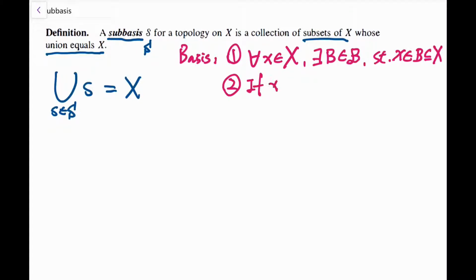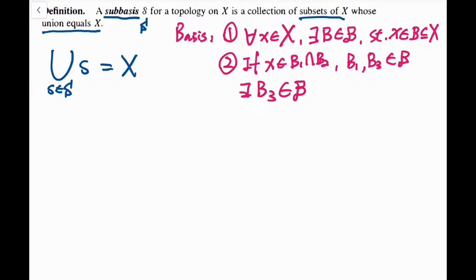So this is the first property, and the second property is that if x is inside an intersection of any two basis elements, B1 and B2, which should be from the basis, then we can always find another basis element B3 such that x is inside B3, and B3 is inside the intersection of B1 and B2.